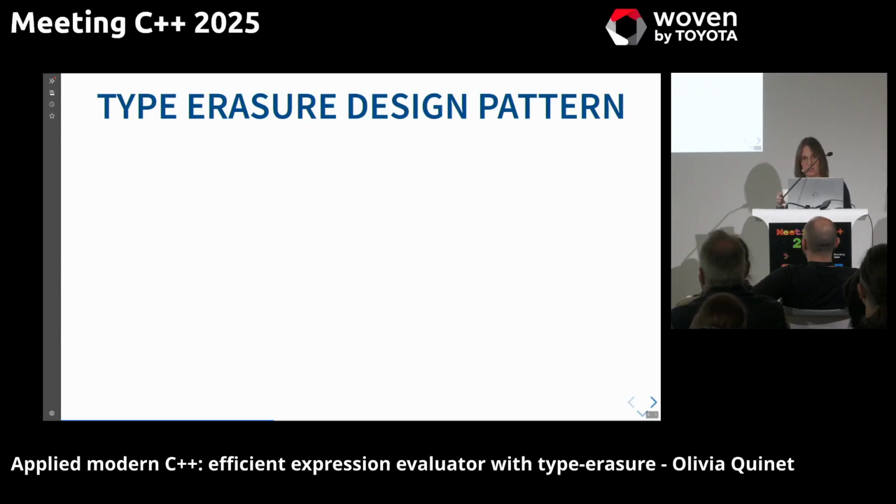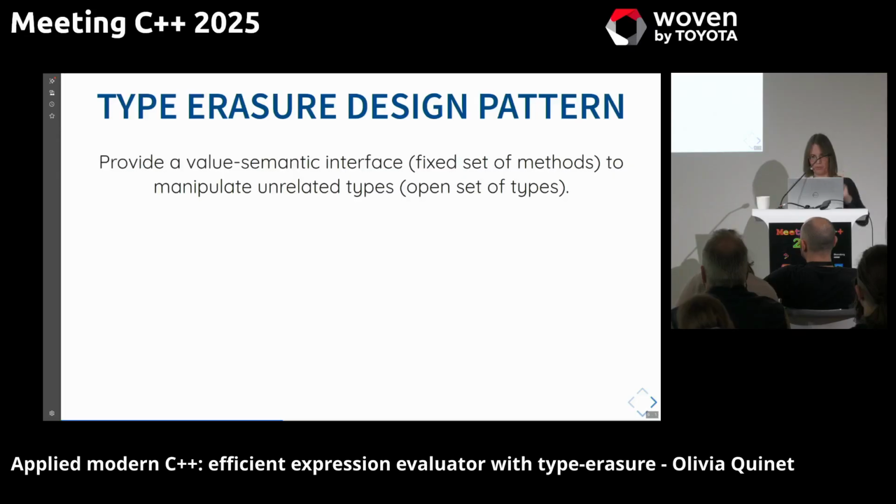I try to answer this question with the type erasure design pattern because it's something I really like. You deal with values, you don't deal with pointers directly in your code, so it's cleaner. These are a few slides to summarize what this design is. The type-erasure design pattern provides a value semantic interface, with a fixed set of methods to manipulate unrelated types, an open set of types.